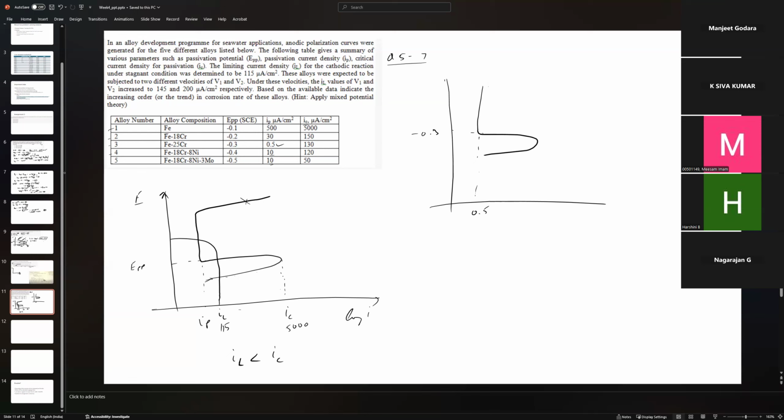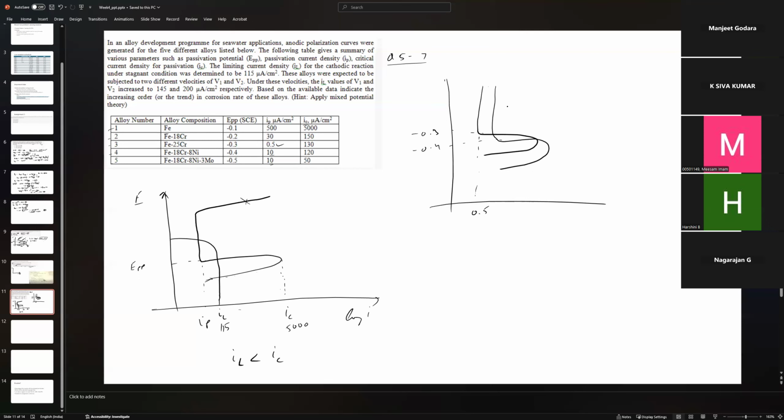Next is 10. Next, 8 lines. So this is minus 0.4.